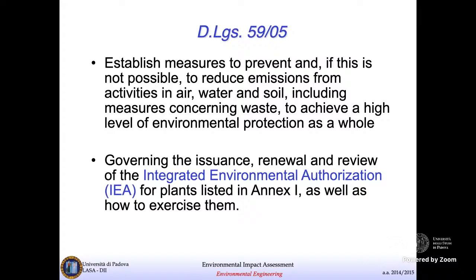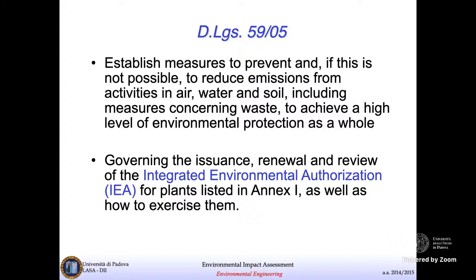Let's look more in detail at Law 59 of 2005. It establishes measures to prevent and, if this is not possible, to reduce emissions from activities in air, water, and soil, including measures concerning waste, to achieve a high level of environmental protection as a whole.